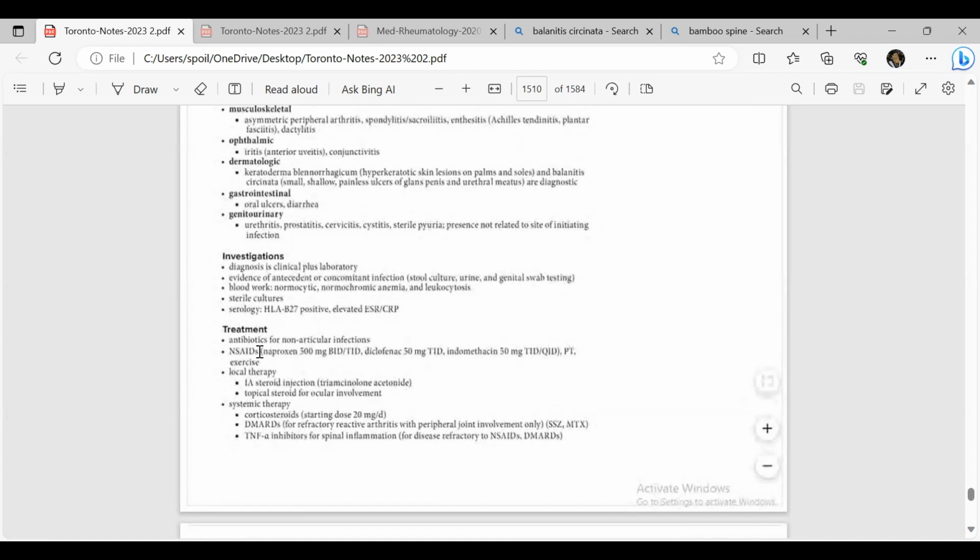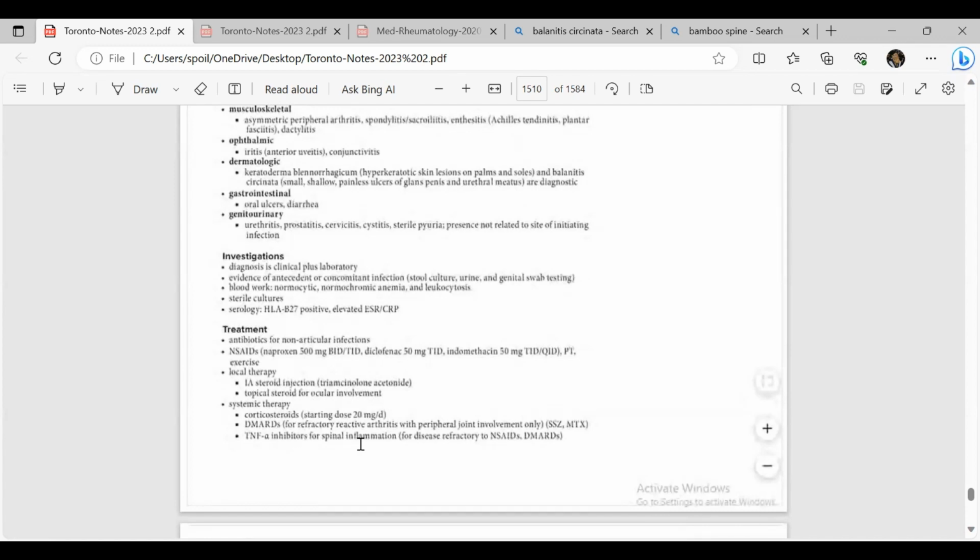Treatment: antibiotics, NSAIDs, and we will give diclofenac or indomethacin. And exercise, local therapy, steroid injection, topical steroids for ocular involvement, systemic corticosteroids, DMARDs, and TNF alpha inhibitors for spinal inflammation.